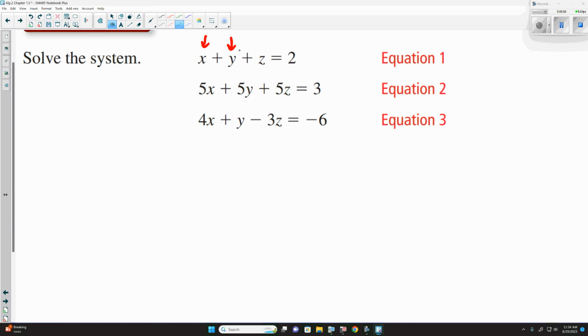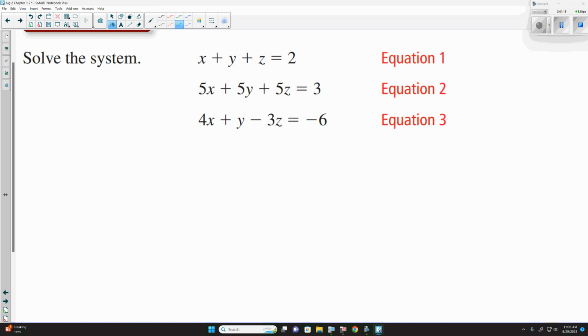And I could multiply either one of those by 5 to get it to be the same. And lastly, z. The top one is 1z. I can multiply it by 3 to get 3z, or 5 to get 5z. So in this case, there isn't one that's easier than any of the others.